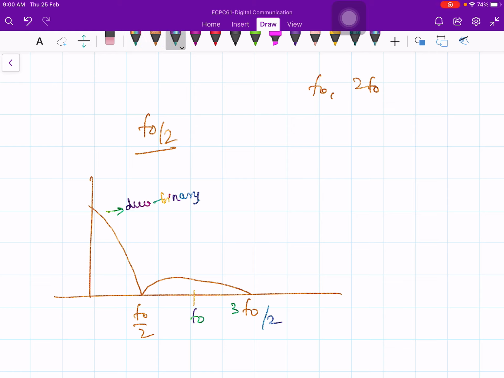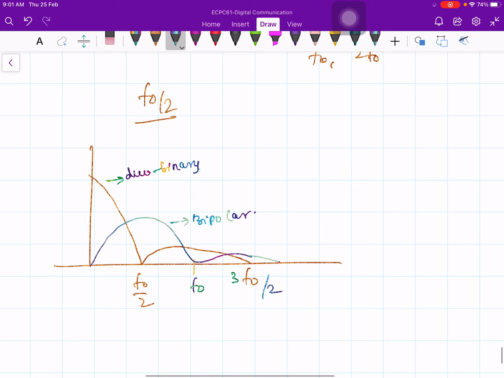If you take bipolar, it is like this, and bipolar, and this is full width pulse, duo binary full width pulse.